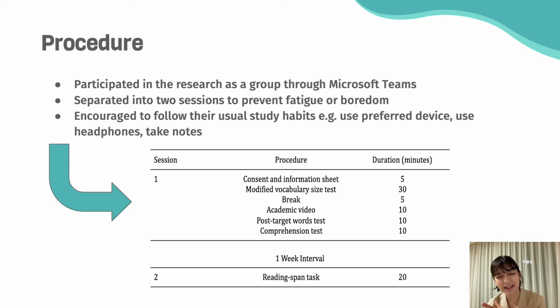To prevent fatigue or boredom that may cause participants to guess or not complete the tests at all, the reading span task was completed on another day during the second session. Throughout the sessions, participants were encouraged to follow their usual study habits, and so they were given the freedom to participate through various devices, on their phones or on their laptops, use headphones, or take notes while watching the video.